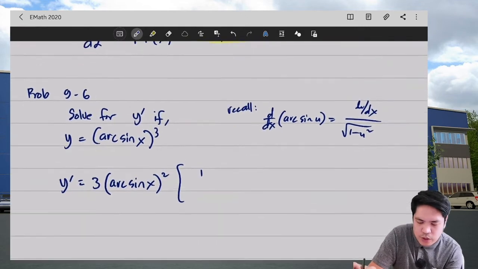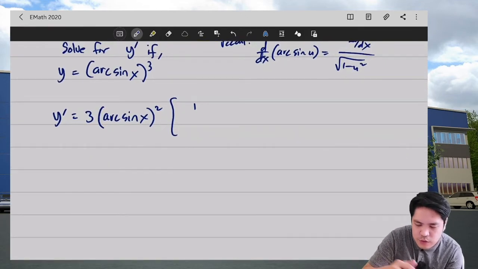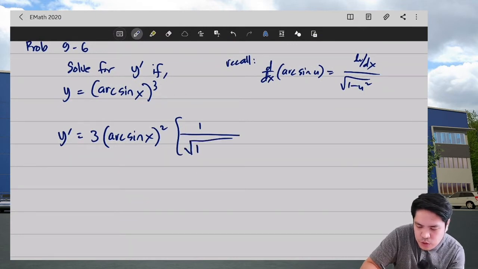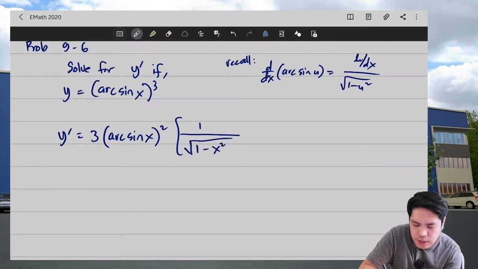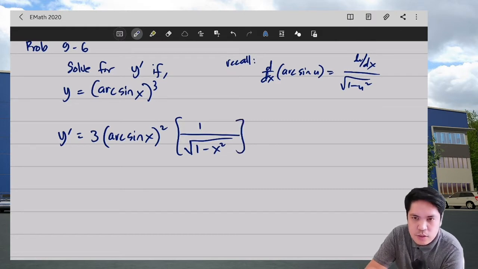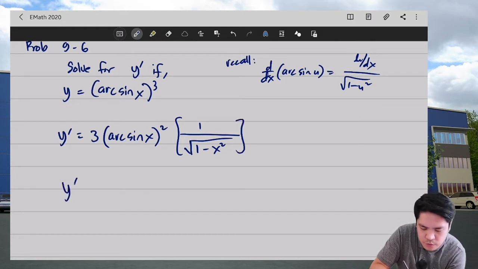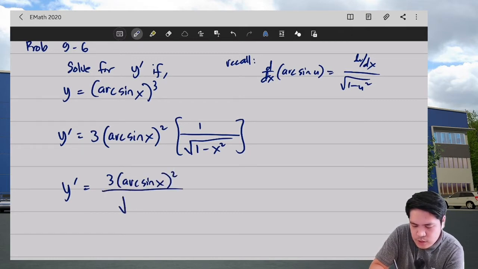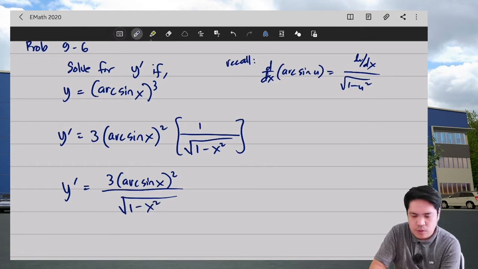So if we follow that, the derivative of x is just 1, divided by the square root of 1 minus x squared. Okay? Then that is our answer. Therefore, y prime is equal to 3 arc sine x squared over the square root of 1 minus x squared.